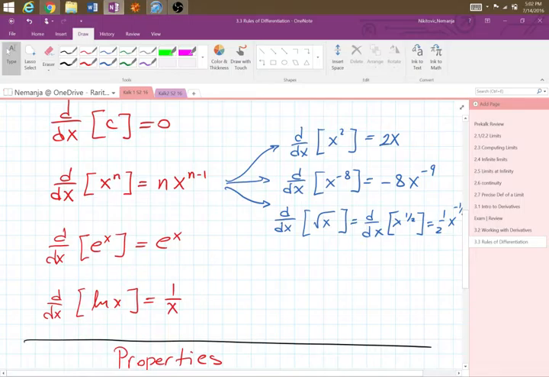And now we have the property that the derivative of c times f of x is c times the derivative of f of x. So what this does is it's going to kick the constant outside.